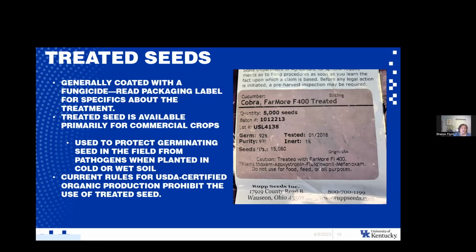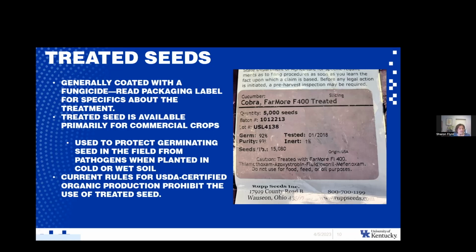When a seed is treated, you can see it says caution, treated with Farmore F1 400, and then it gives all of these long names, which are actually the active ingredients in that treatment process that keeps your seed from rotting. It's like a fungicide.